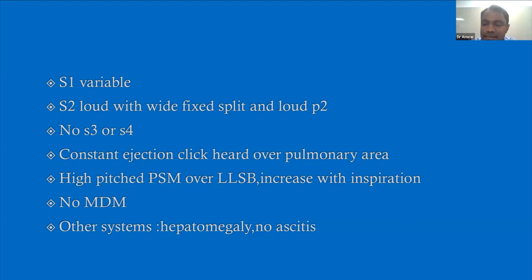If it is heard during inspiration and expiration, it is wide split. Yes. Then what do you mean by fixed split? There is no variation in split during inspiration and expiration.